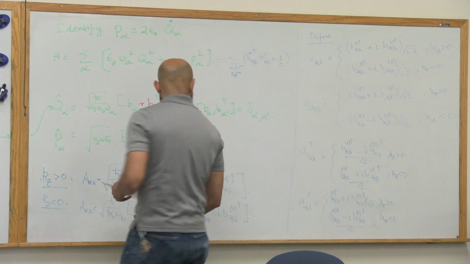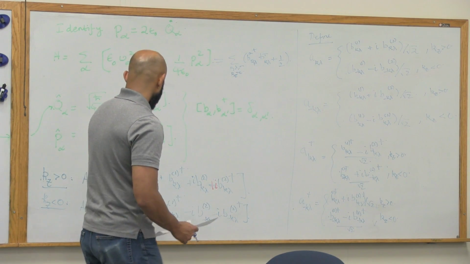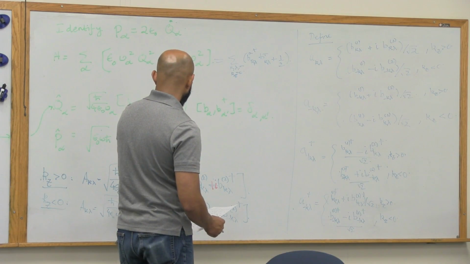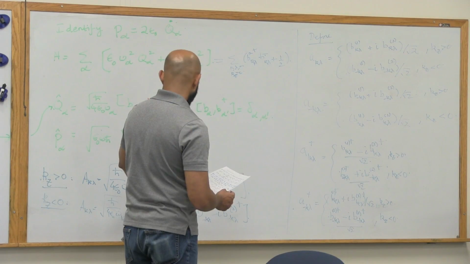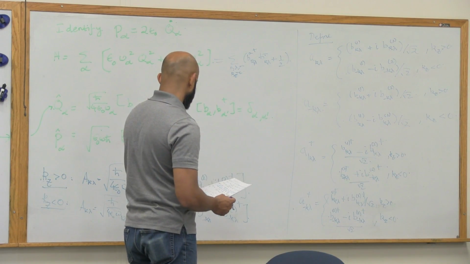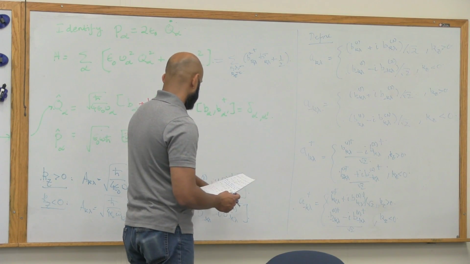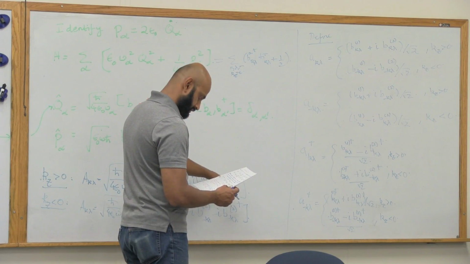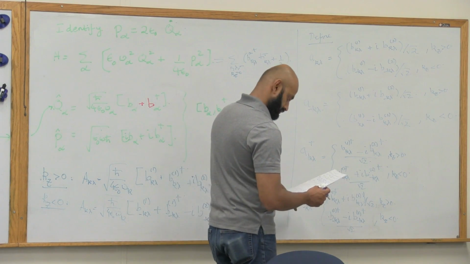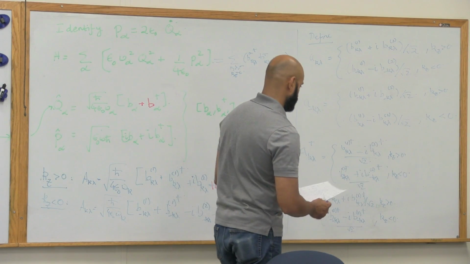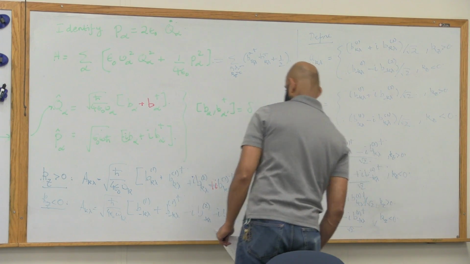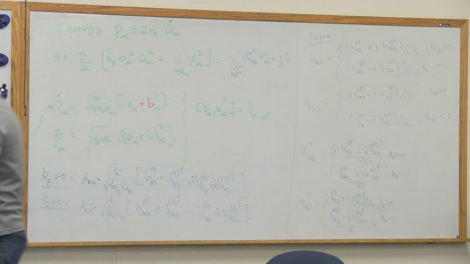With all of these definitions, we can identify b_k lambda 1 plus i b_k lambda 2 as a_k lambda, and then this part, b_k lambda 1 dagger plus i b_k lambda 2 dagger, is going to be a_minus k lambda dagger for kz greater than 0.